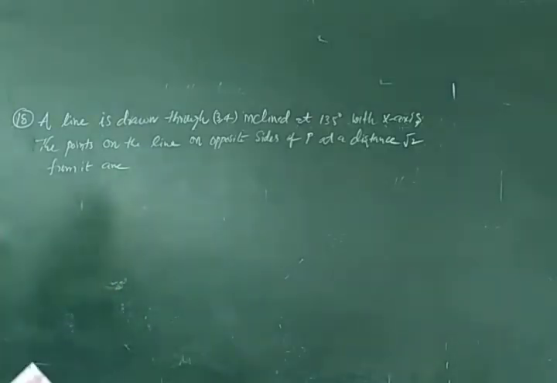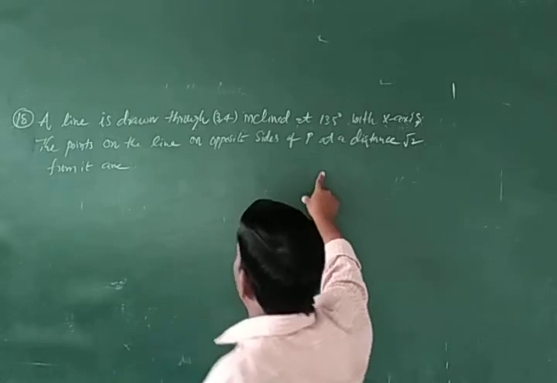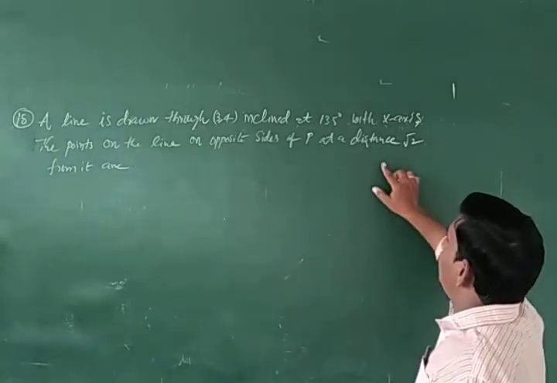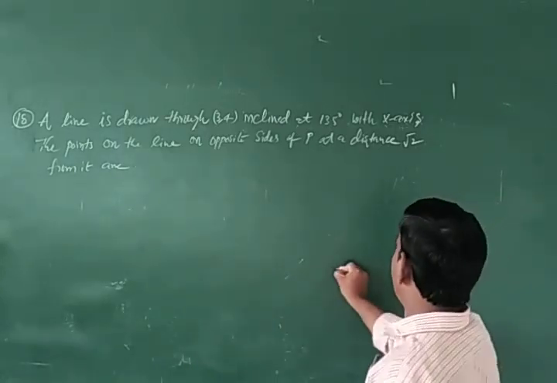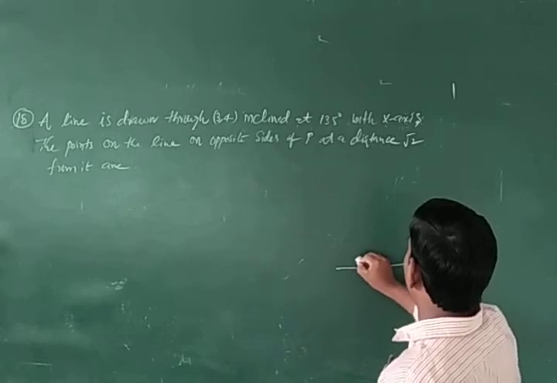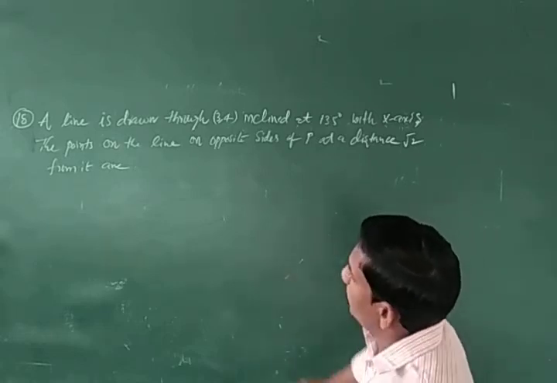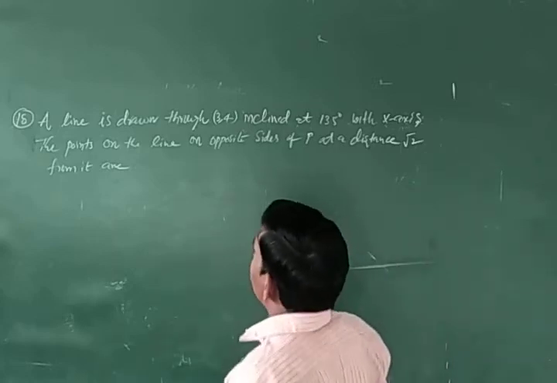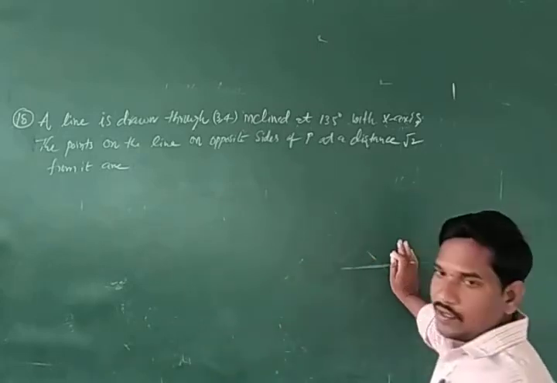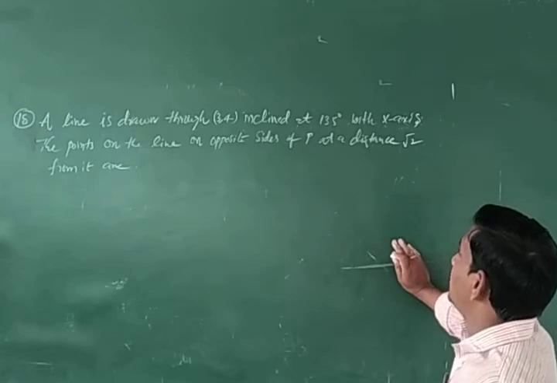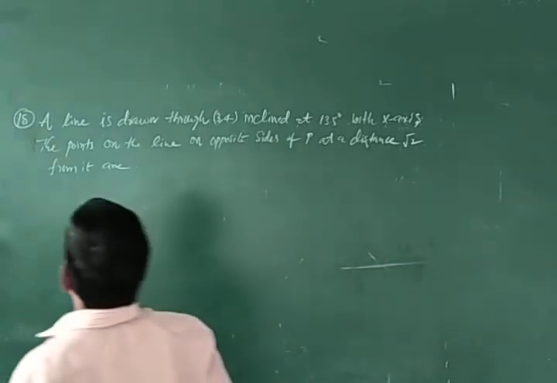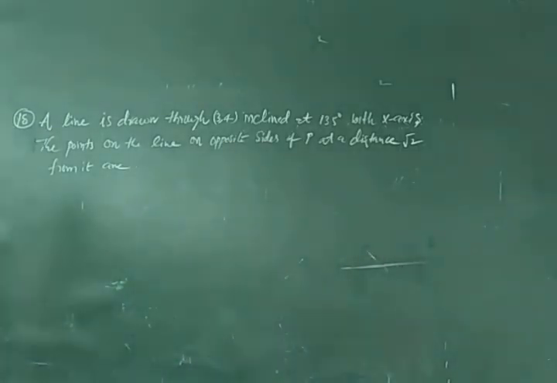A line is drawn through (3,4) inclined at 135 degrees with the x-axis. This is the x-axis, and the line is like this. The points on the line on opposite sides of P at a distance root 3 from it are. Now we have to take the symmetric form. We know the symmetric form.